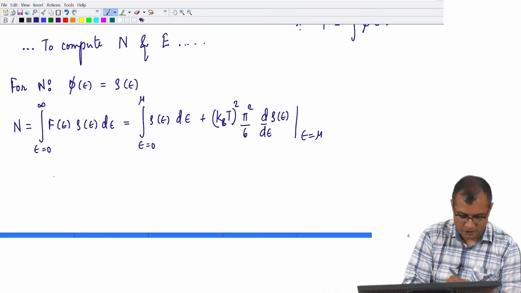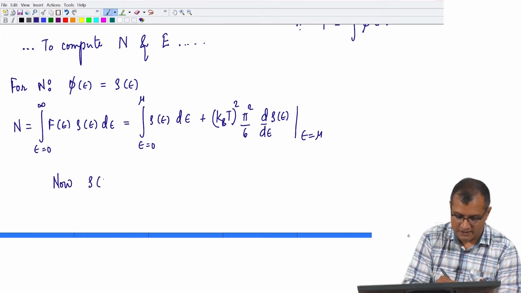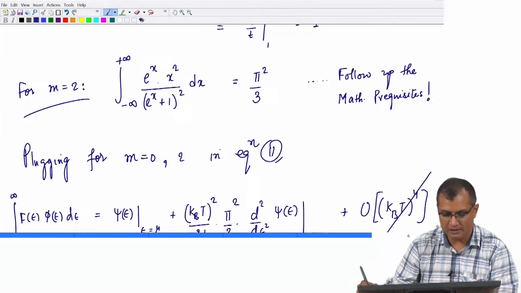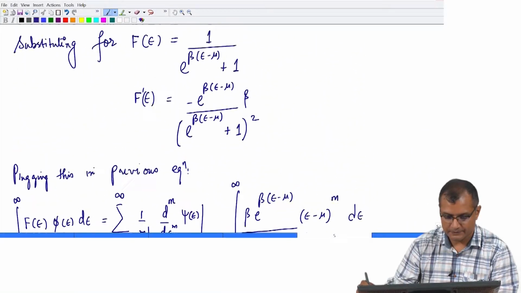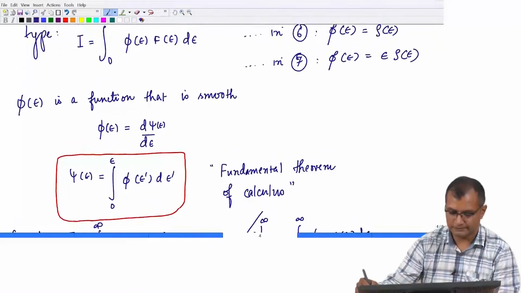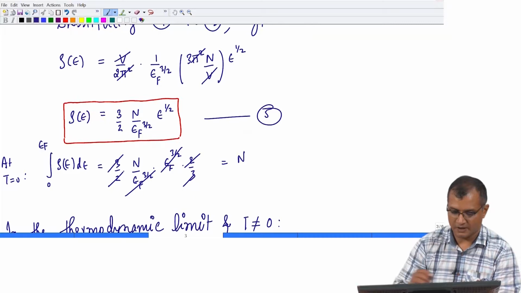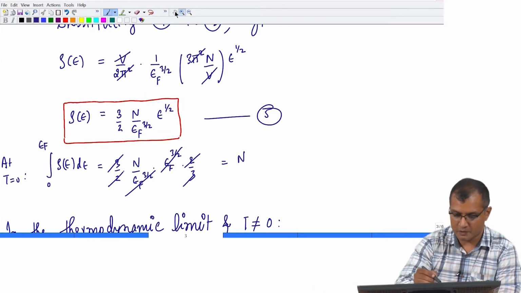Now, we know what is the formula for the density of states. So, the formula for density of states we are just going to copy it from upstairs. The density of states here has a neat formula. Okay. So, let us just copy paste this formula.